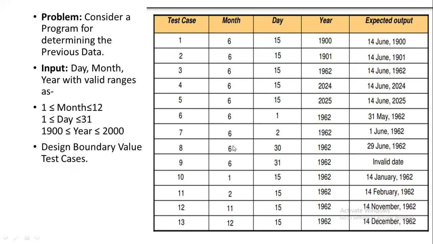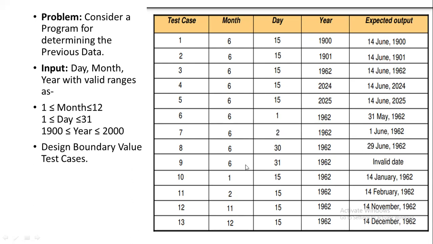Then the day is again a range. So you can take 1 and 31, and values above and below the boundaries, that is 0, 2, 30, and 32. Similarly, the year is also in a range, 1900 to 2000. So I can take 1900, 2000, 1901, 1899, 2001, and 1999.